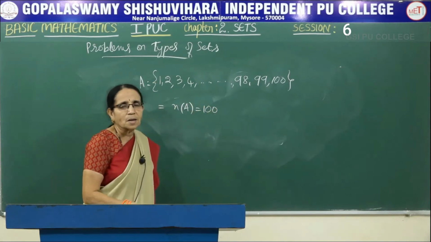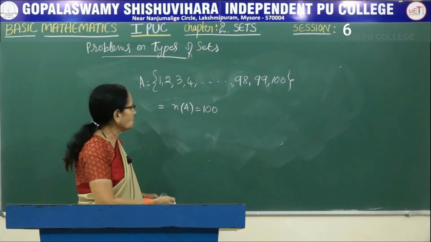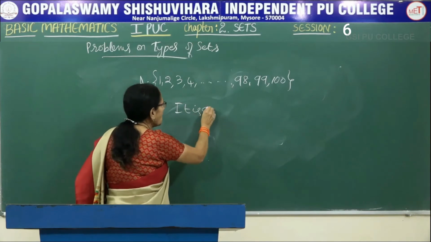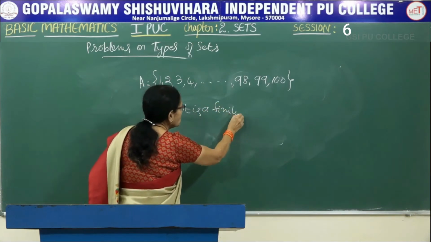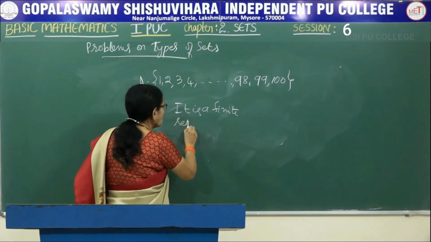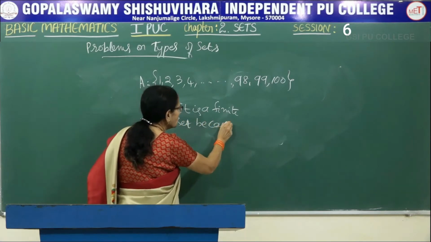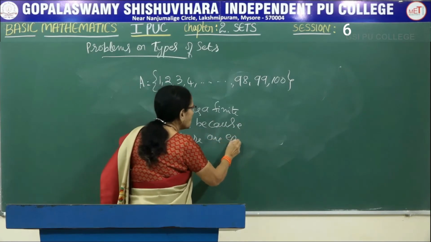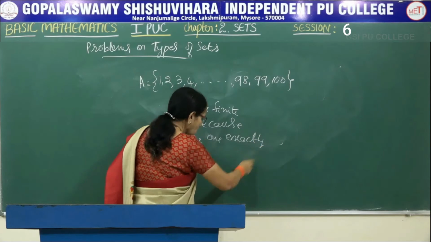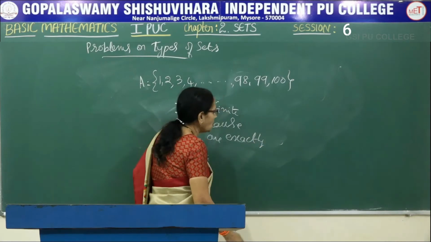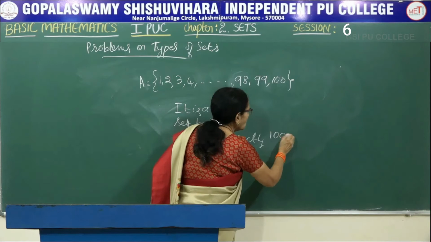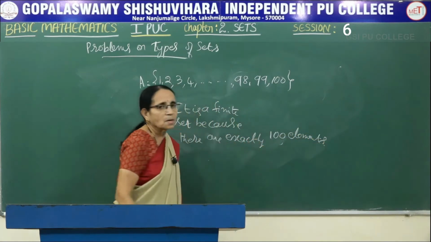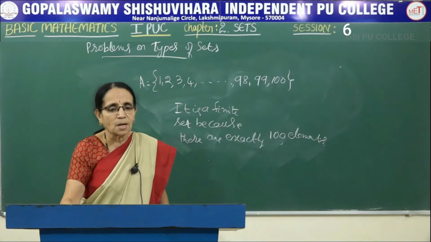Now what do you call this set? It is a finite set. So how do you write this one? It is a finite set. Give the reason. Because there are exactly 100 elements in the set.